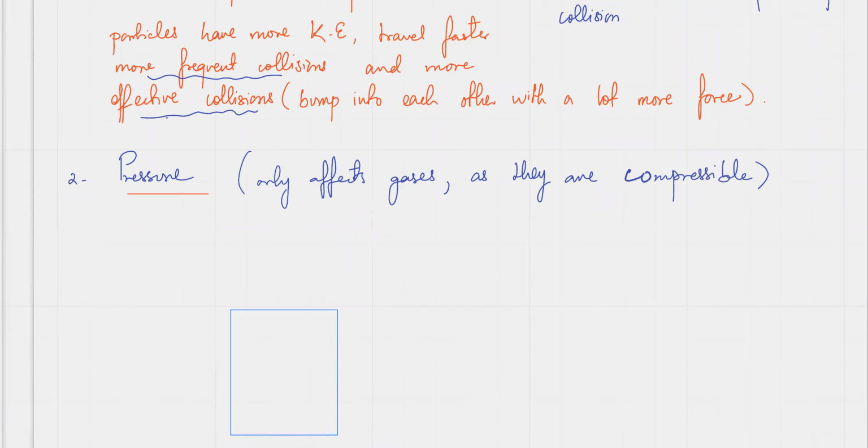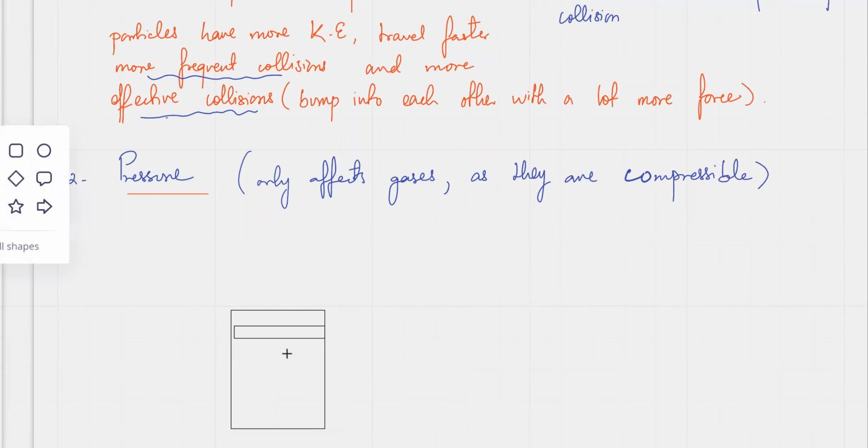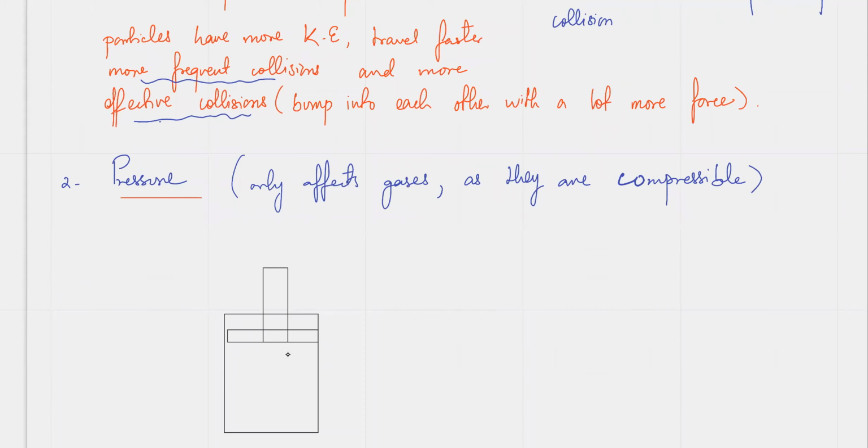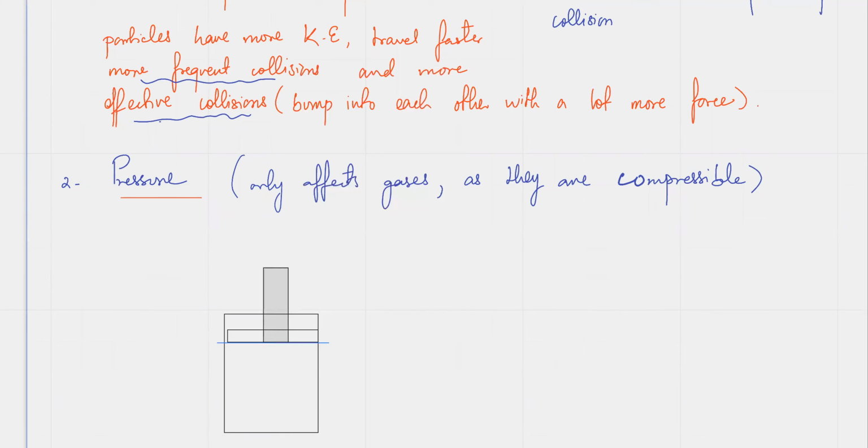Like if I take a piston, and on top of the piston, we've got this movable piston, and I've got my particles.